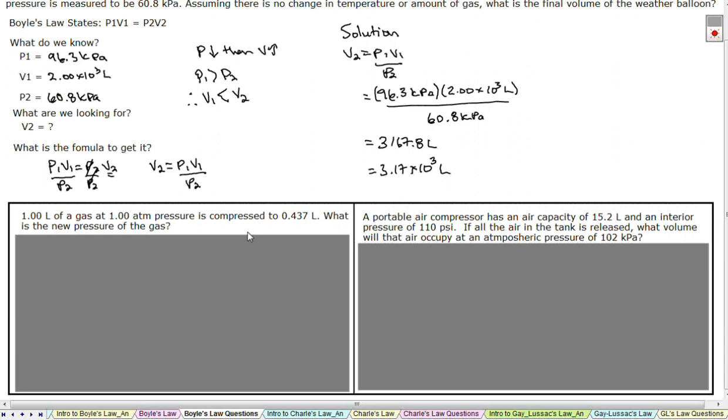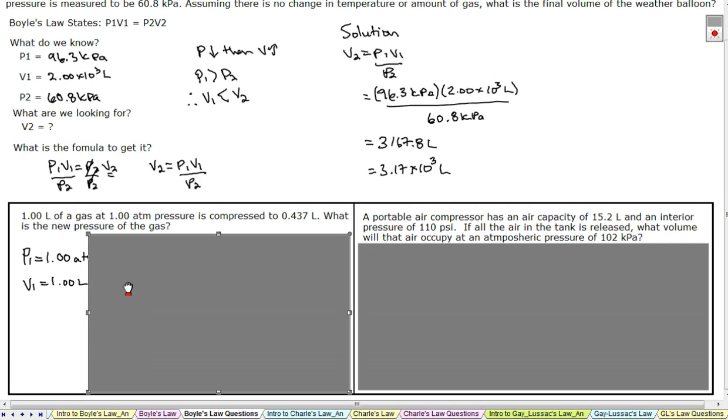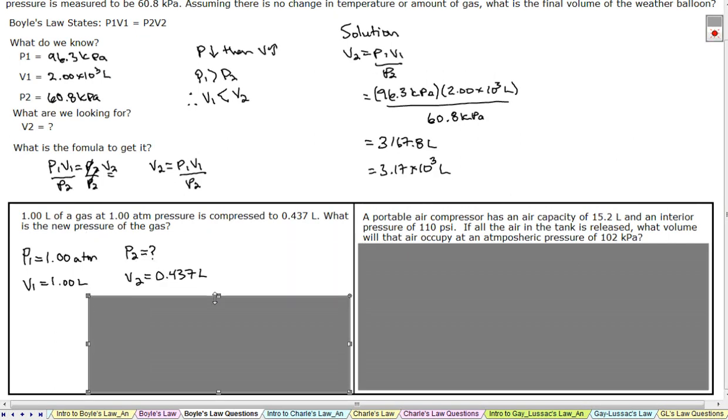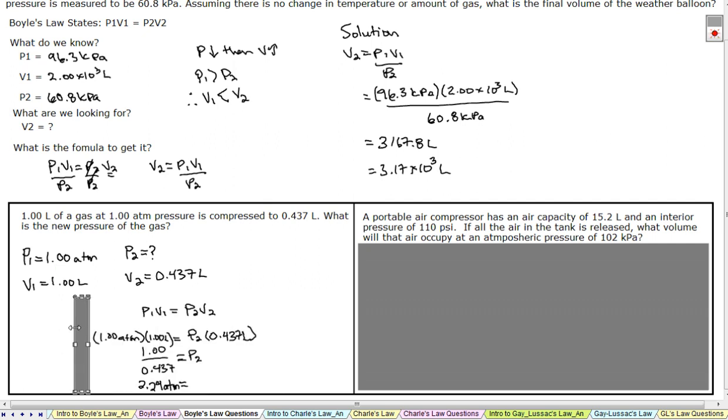Well, if we know we're compressing a gas, obviously we're causing an increase in pressure. Let's take a look at this right now. So we write out what we know our values are, P1, V1, P2, V2, and we don't know what P2 is. I set up my equation. In this case, I substituted my values in before I manipulated the equation.